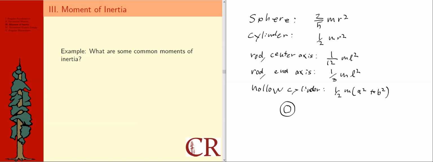If you just remove that hollow part, shouldn't it maybe be like B squared minus A squared? But it turns out it is actually A squared plus B squared. Maybe a way of thinking about this is sort of like the average value of the radius squared, over 2, right? And I think there's a way of getting that to make sense.